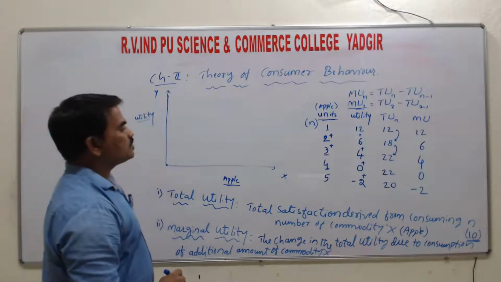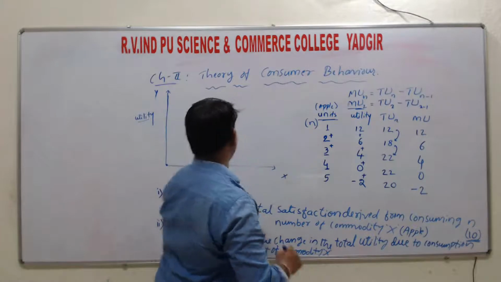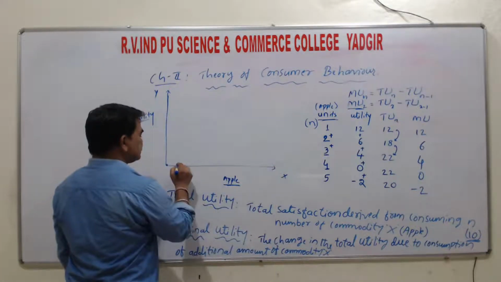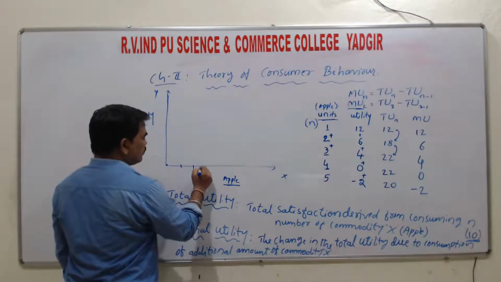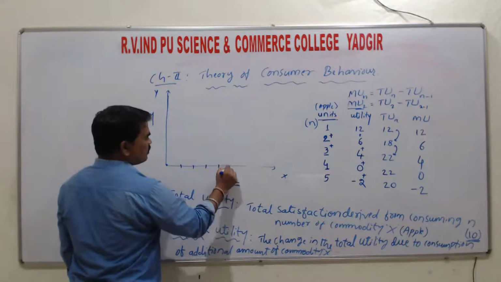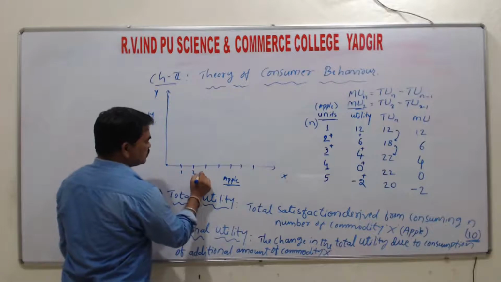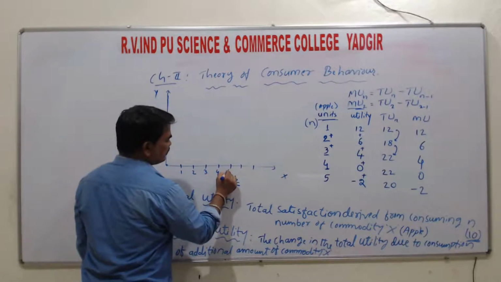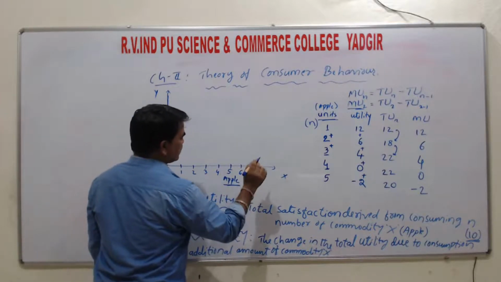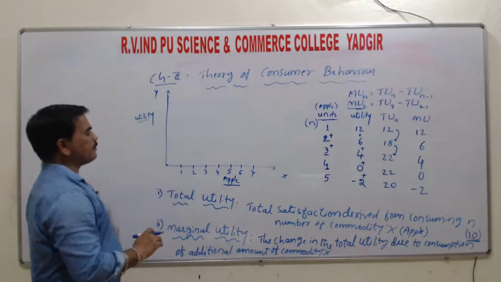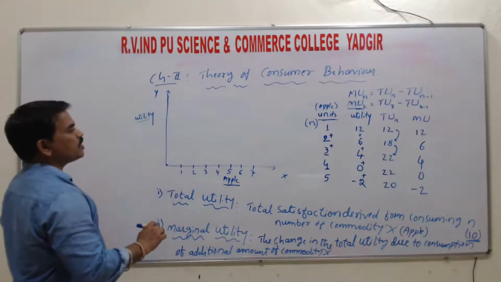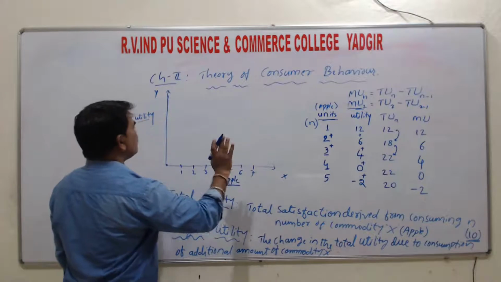Okay, so I have 5 apples here. 1, 2, 3 apples, 4th apple, 5th apple, 6th and 7th apple. So we need this. And we have the utility level maximum.